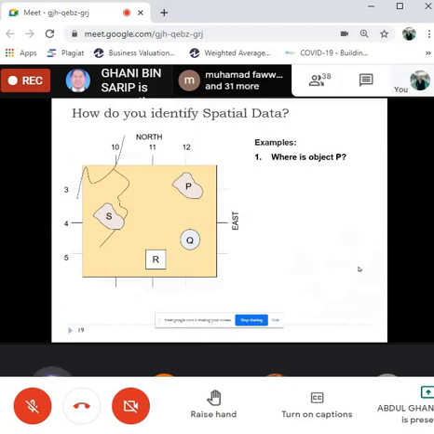So how do you identify spatial data? It's quite simple. Where is object P? Object P is located somewhere at 12 north and 3 east, right? Based on direction, normally when we point up, it's usually north, all right?